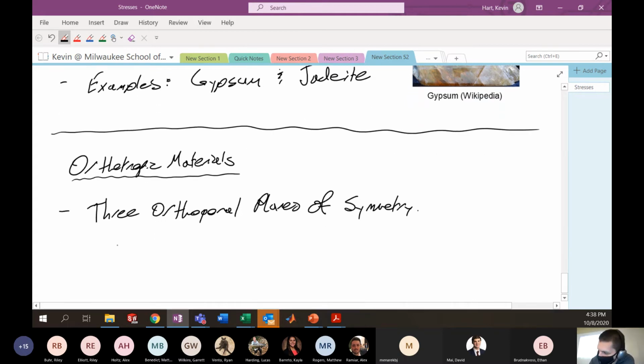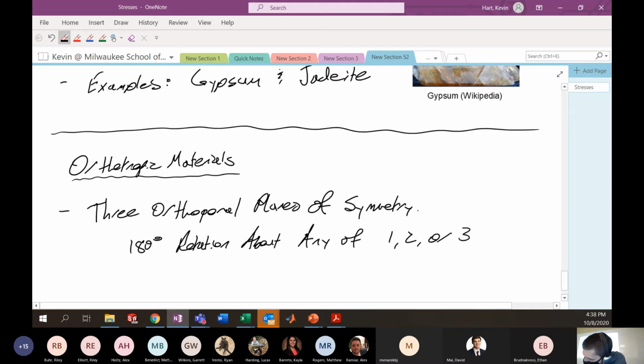So that means that a 180-degree rotation about any of the 1, 2, or 3 axes would leave properties unchanged. Okay?